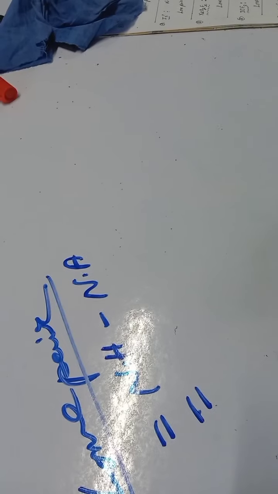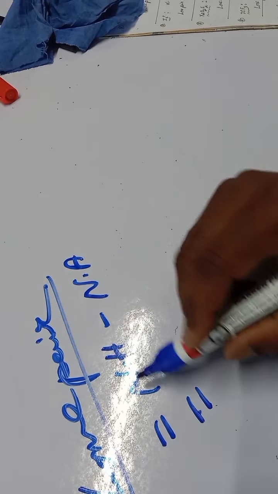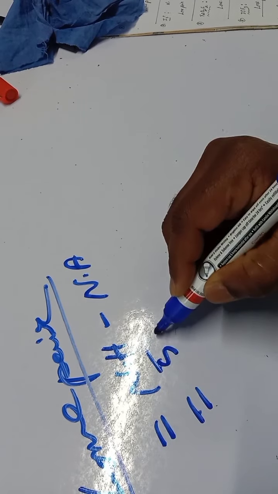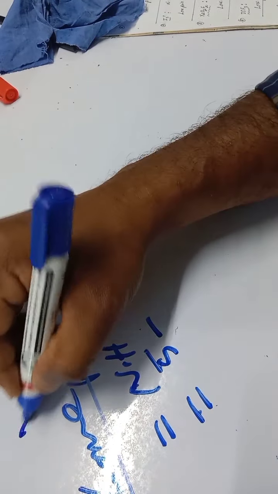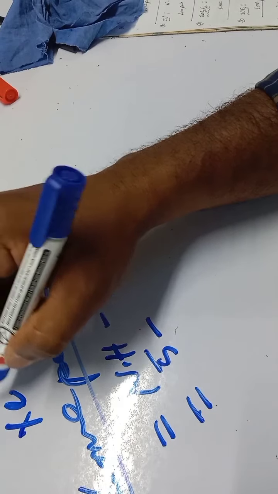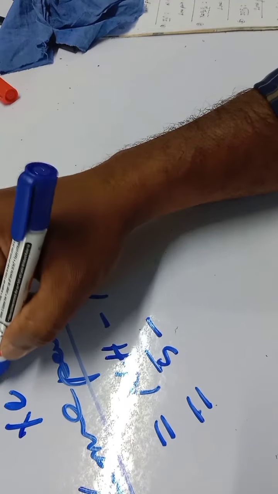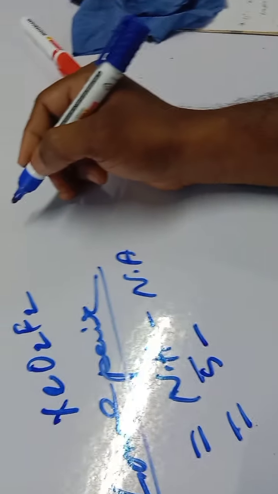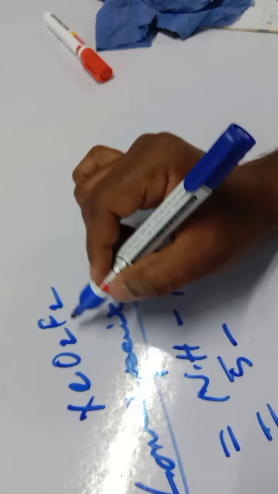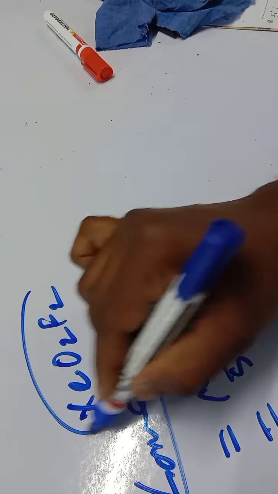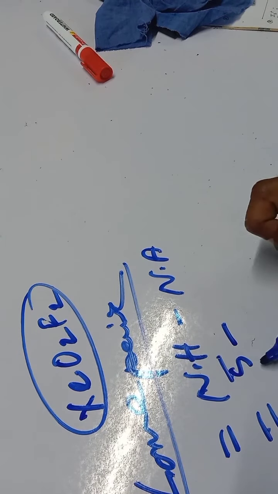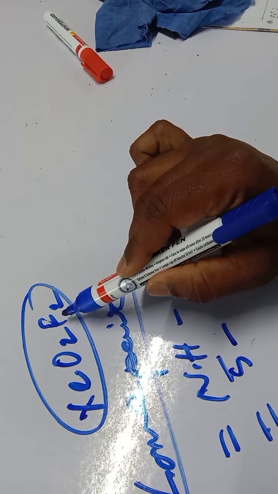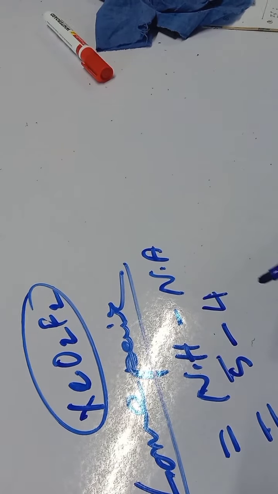NA is the number of surrounding atoms. For XeO2F2, the number of hybridization is 5, but the number of surrounding atoms: oxygen 2, fluorine 2, that is 4.